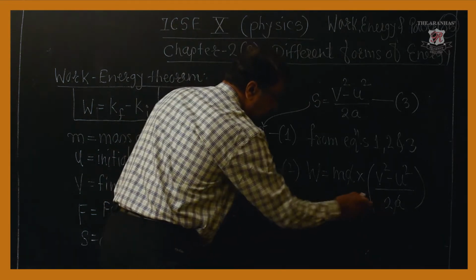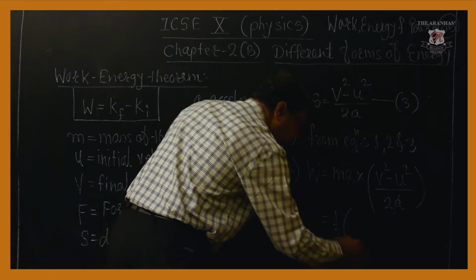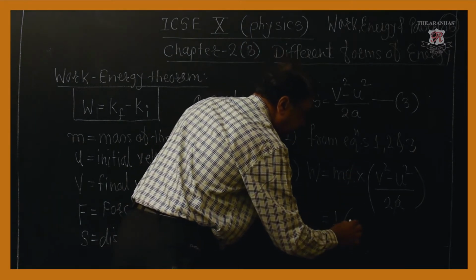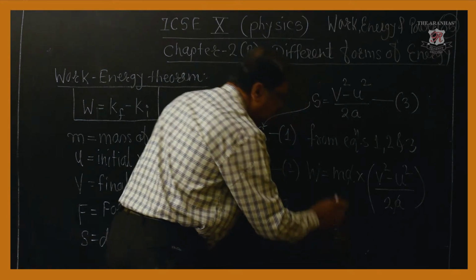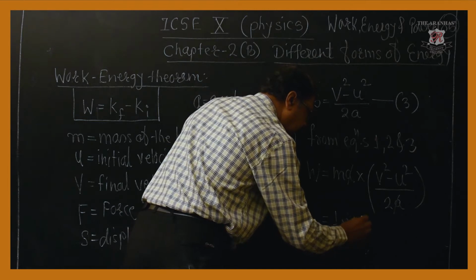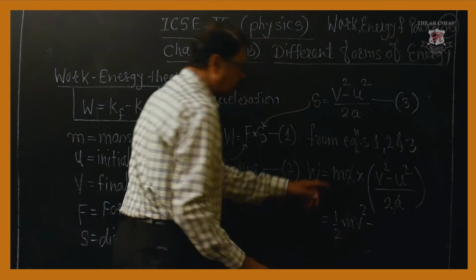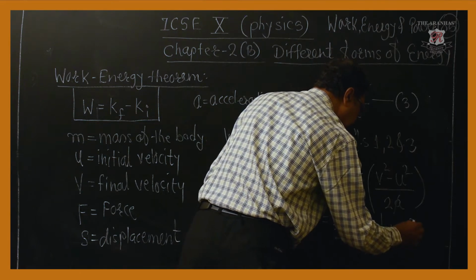Now I am putting this half here and bringing m in the bracket, or I directly rearrange: half m v square minus half m u square.